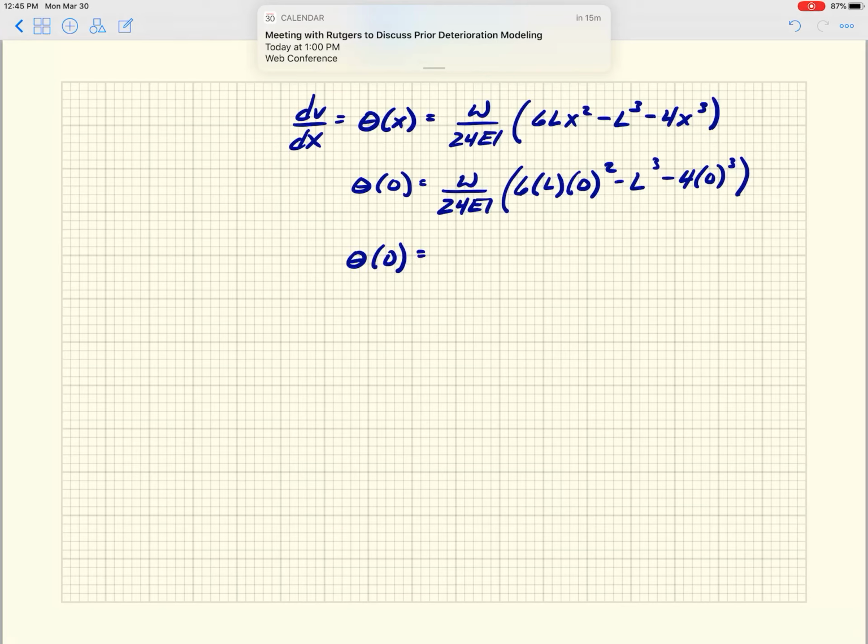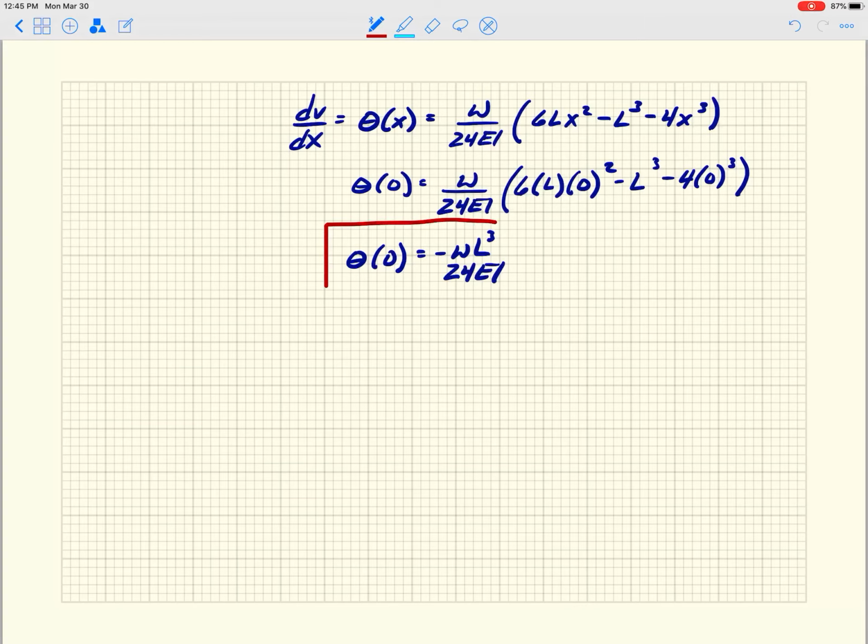This turns out to be minus WL cubed over 24 EI. Let me box that, we'll put a star next to it. That is the rotation of the left-hand support.